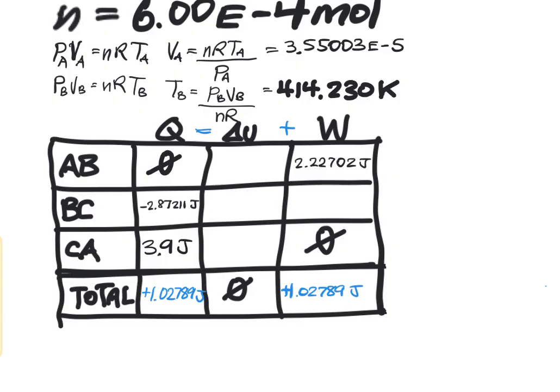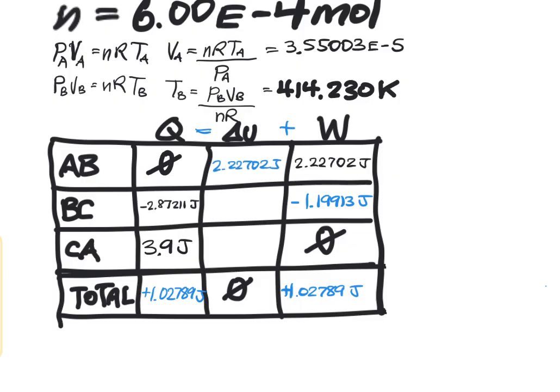If there was no work done in CA, that means the work for BC is the difference between the work that was done in AB and the net positive work. So negative 1.9913 joules was the work for BC. And the delta U is going to be the difference on all of these. So for here, we have 2.22702 joules.